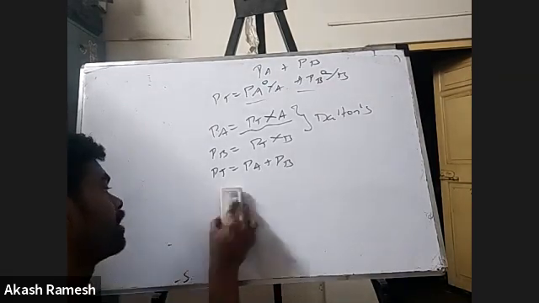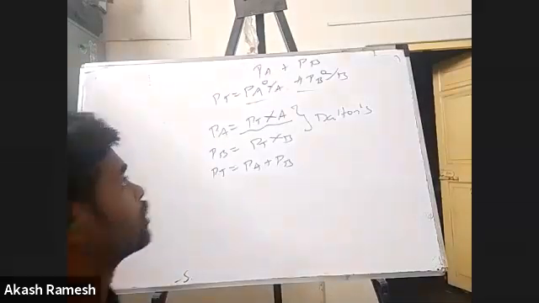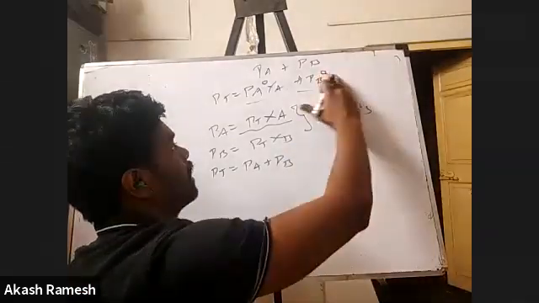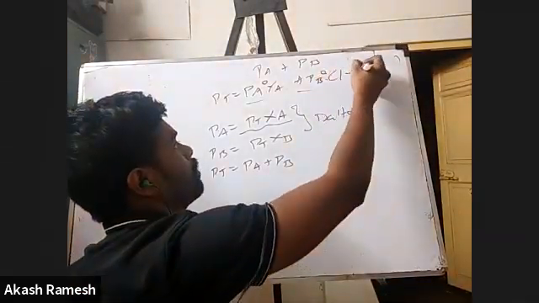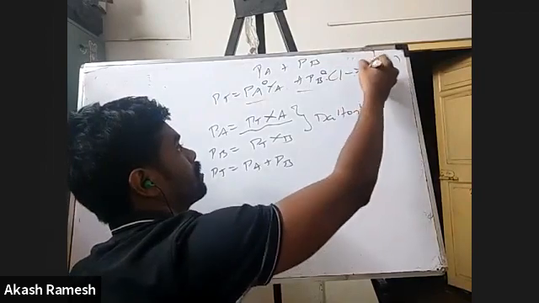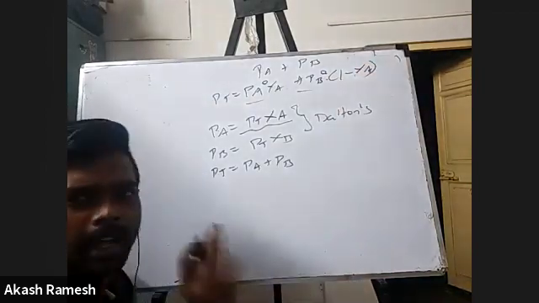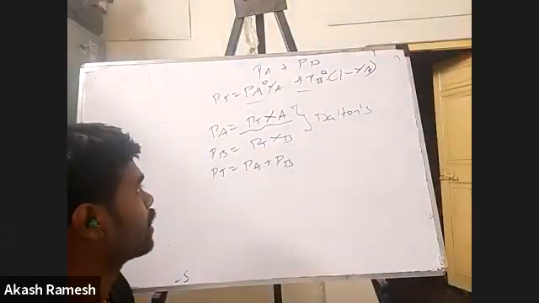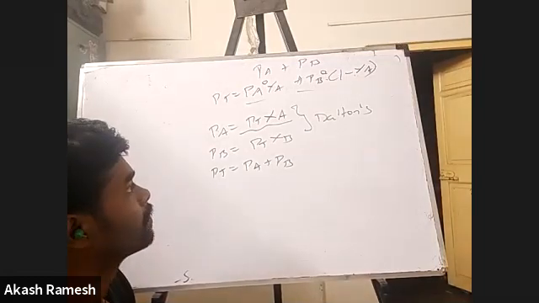First of all, I write everything in terms of one variable. So this, let me write it as 1 minus YA, because I need to have only one equation. That's why.